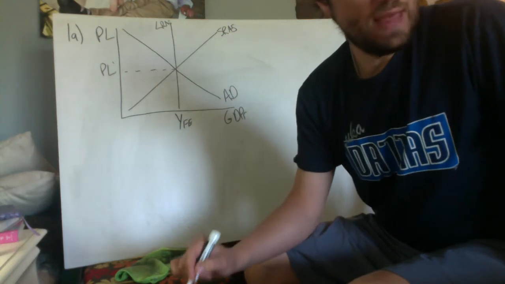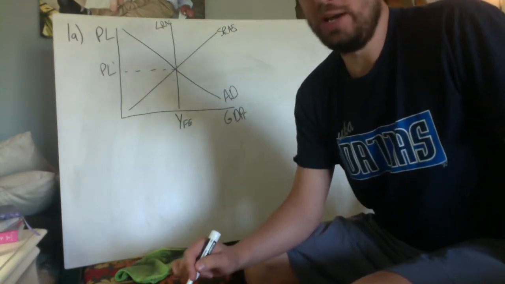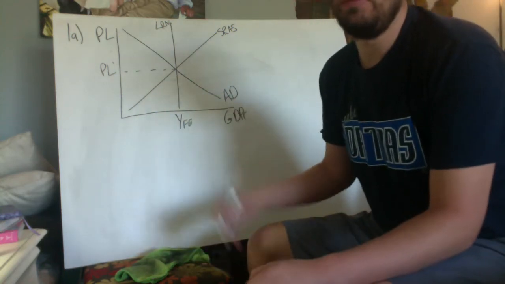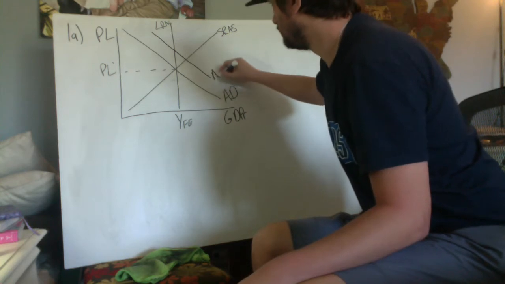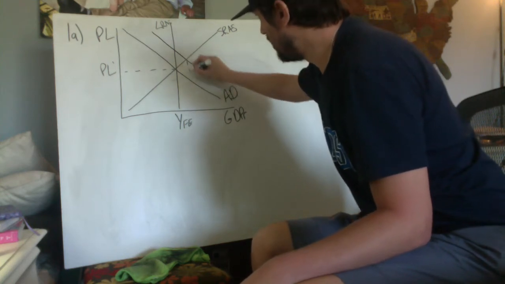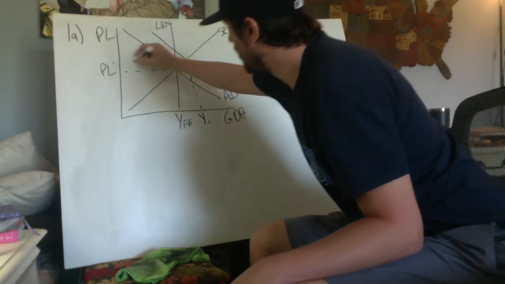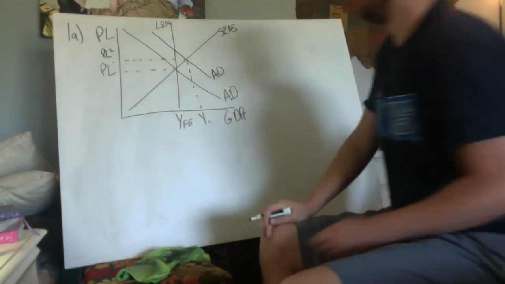So the aggregate demand is going to shift to the right for New Zealand. This is New Zealand's aggregate demand, aggregate supply graph, and it's going to shift to the right, and we'll draw our new output and our new price level.